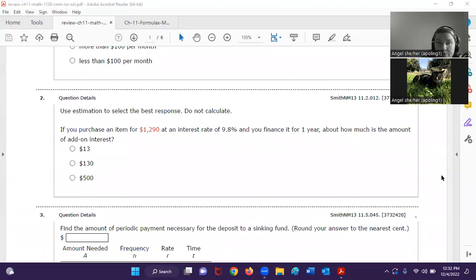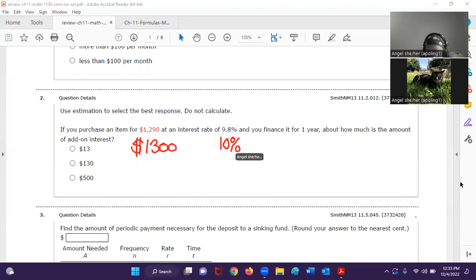Number two, if you purchase an item for $1,290 at an interest rate of 9.8% and you finance it for 1 year, about how much is the amount of the add-on loan? Okay, so just thinking about kind of what we were just looking at, right? This is about 1,300, and our interest rate is about 10%.